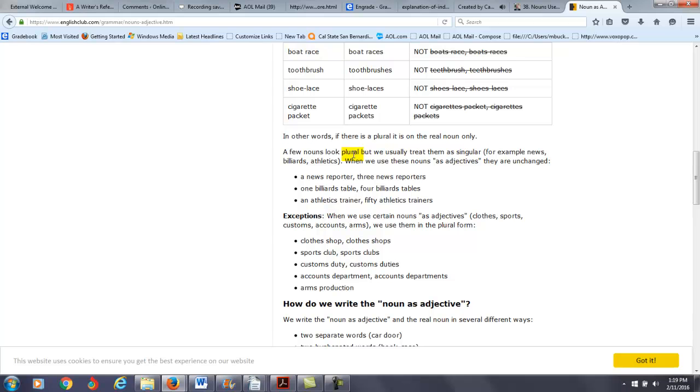A few nouns look plural, but we usually treat them as singular, for example a news reporter, one billiards table, an athletics trainer, even a physics class. Clothes shop, sports club, customs duty, accounts department, arms production: when we use certain nouns as adjectives, clothes, sports, customs, accounts, arms, we use them in the plural form.